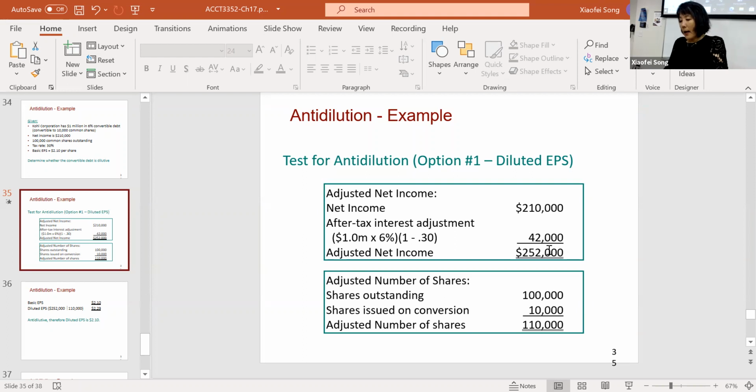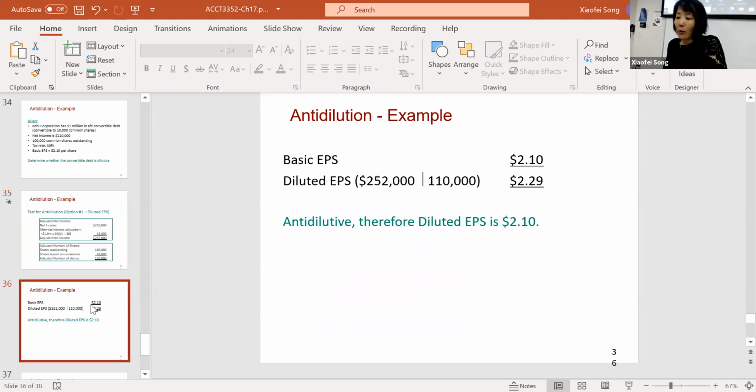And for the denominator, if these were converted from the beginning of the period, the number of shares outstanding will increase by 10,000. So we will have 110,000 as the denominator.